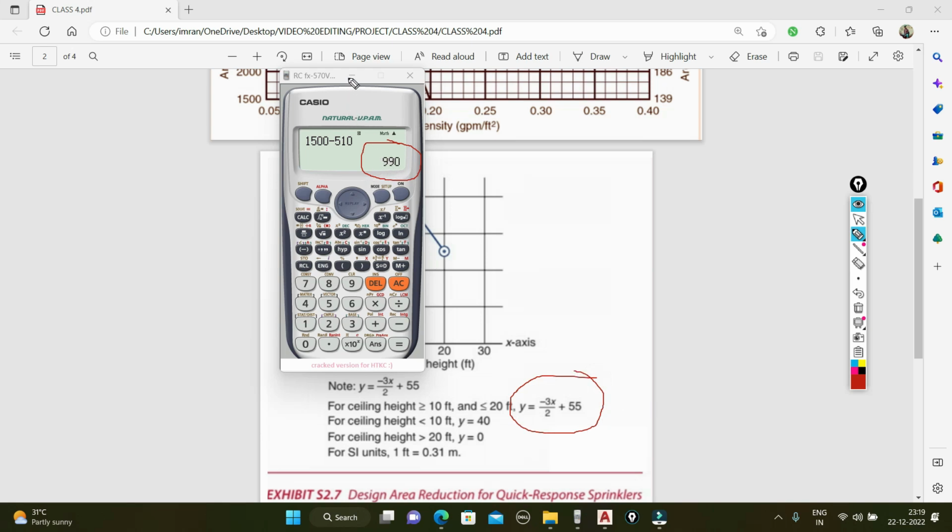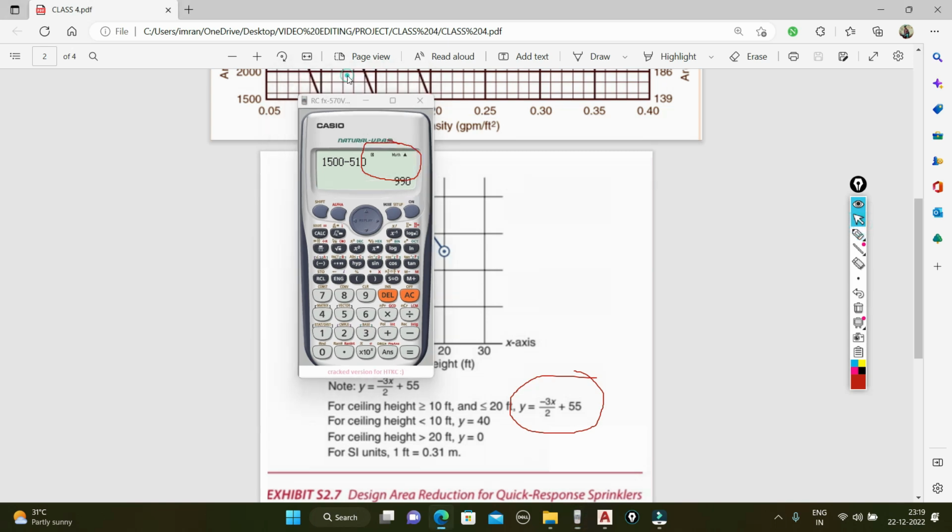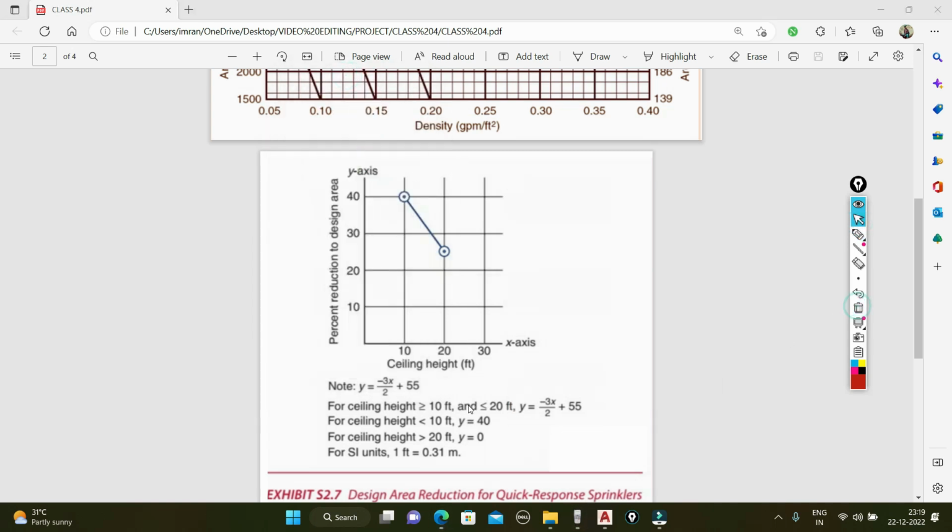If the ceiling height is more than 10 feet and up to 20 feet, we consider this formula. But if the ceiling height is less than 10 feet, then we will not calculate; in the first example we saw how to calculate, but if it is less than 10 feet, then we will simply consider the 40% reduction.